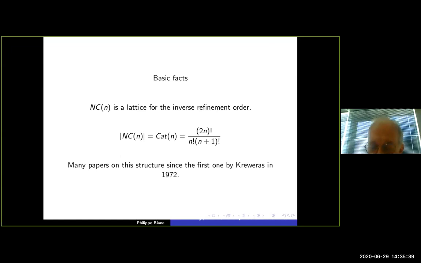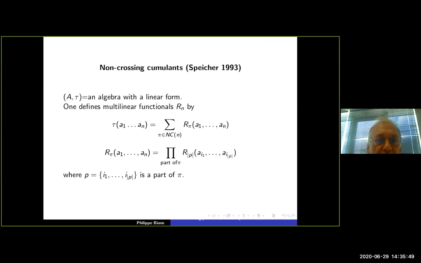And it's now one of the most popular combinatorial structures to be studied in the combinatorial literature.